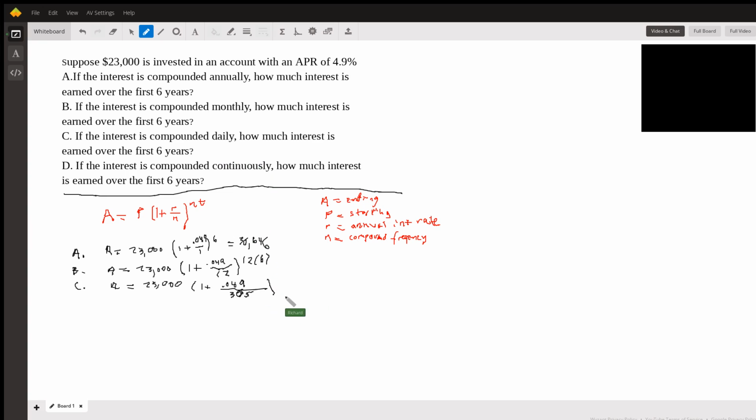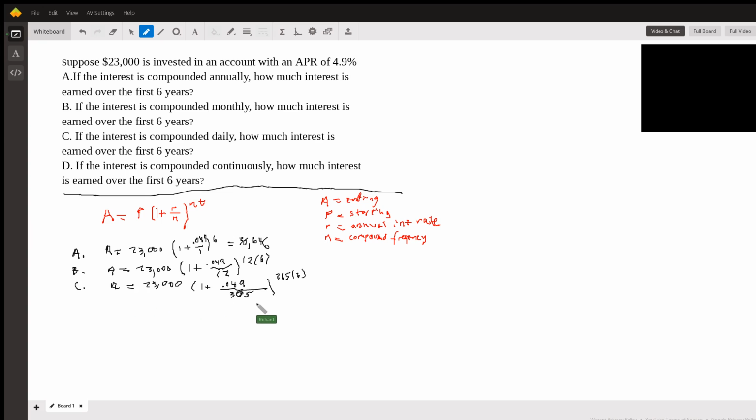And so it's going to be 365 times 6. Because we're putting in the same amount in these three different options, the one that compounds most frequently, C, is going to produce the largest balance after 6 years.